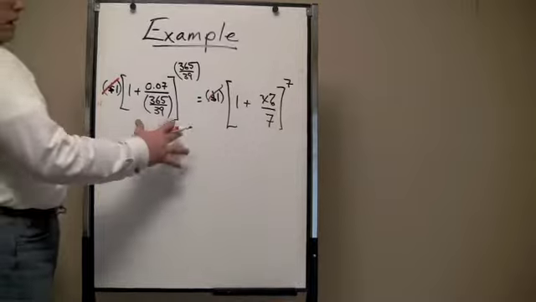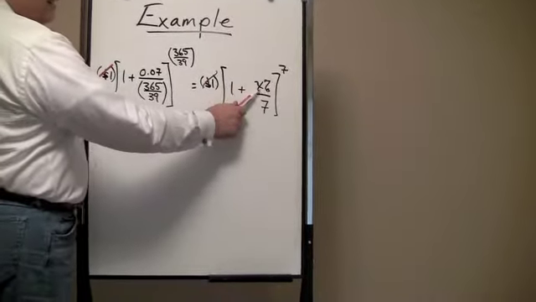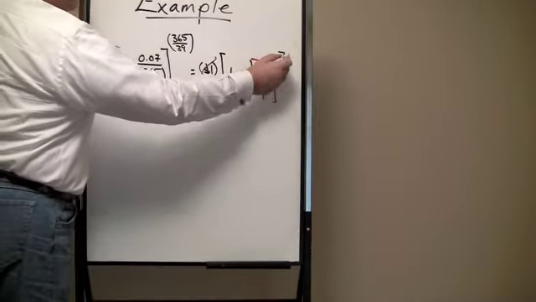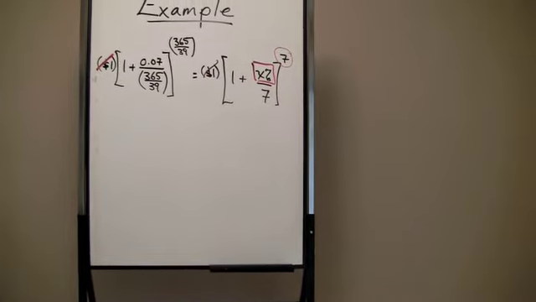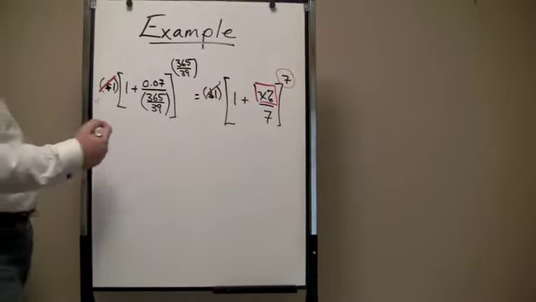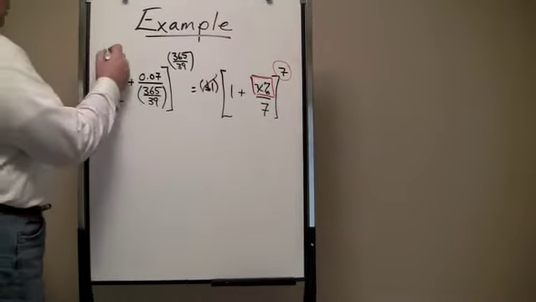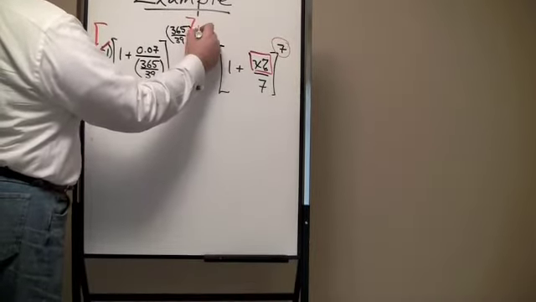Now, according to Please Excuse My Dear Aunt Sally, if I want to isolate my X percent here, the first thing I must do is get rid of that exponent. So I'm going to raise both sides of the equation to the power of 1/7.